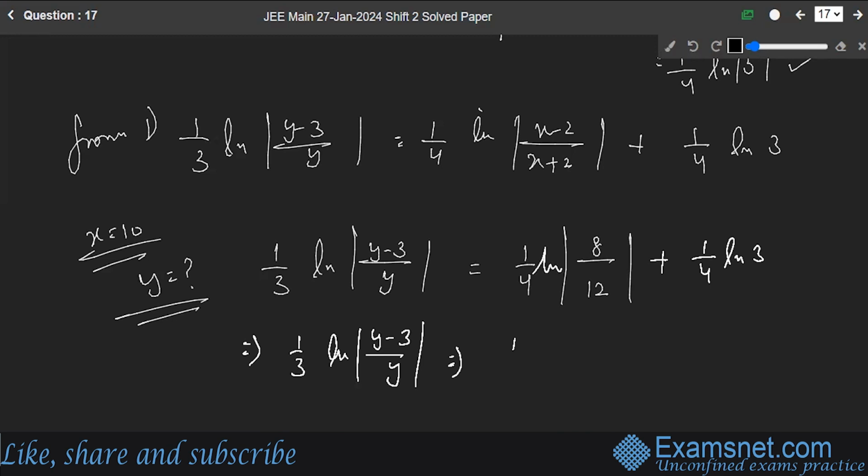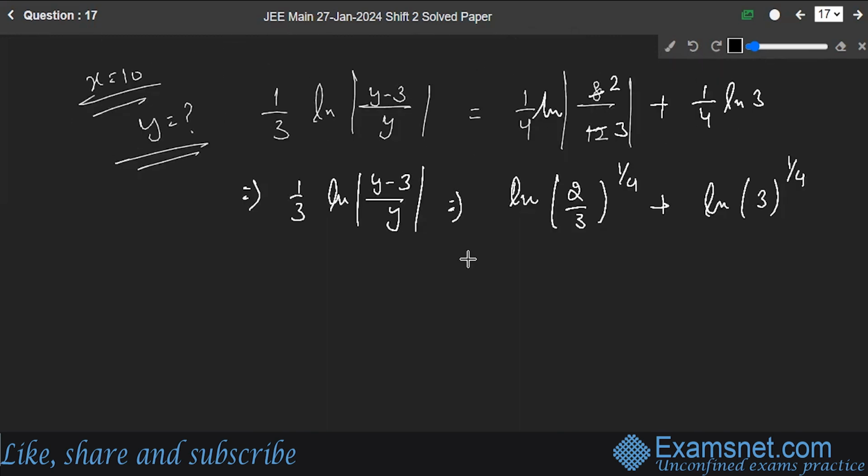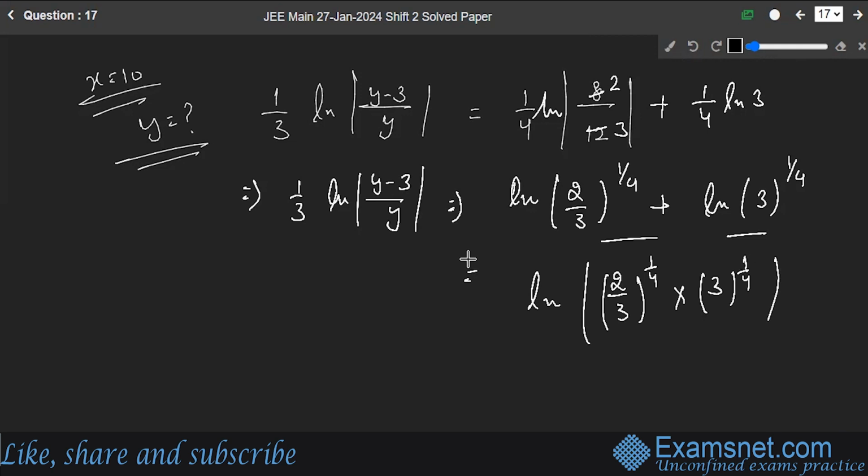This is log (2/3) raised to power 1/4 plus log 3 raised to power 1/4. They are in the plus, so I'll multiply them. This will be log (2/3) power 1/4 multiplied by 3 power 1/4. This will give me log 2 power 1/4. Hope everything is clear till here.